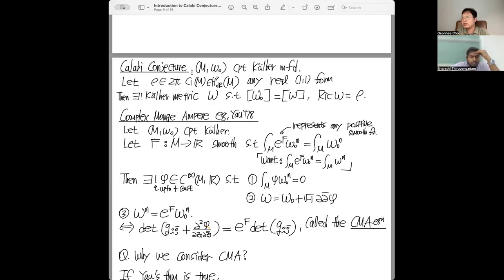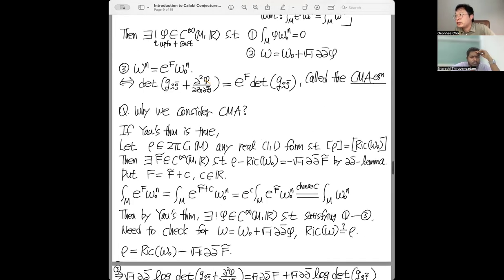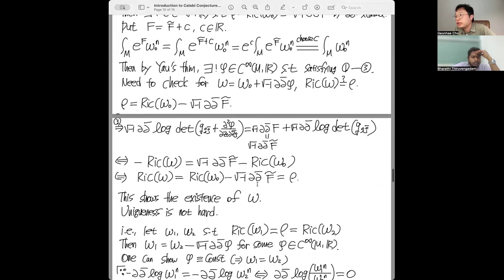That's why I needed to first introduce the first Chern class in the beginning in order to say this statement. So there's one subtlety. This conjecture is completely solved by taking the so-called Monge-Ampère equation. This is already written over here.